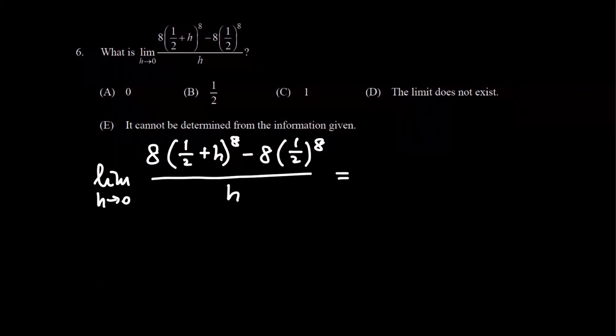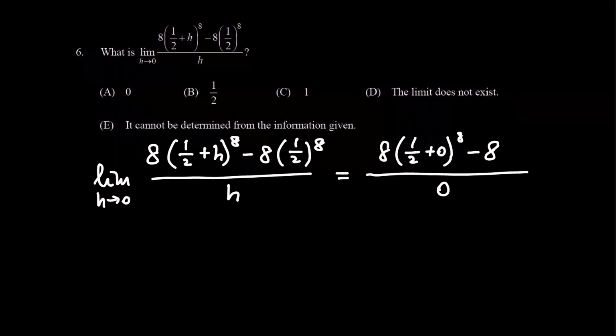Plugging in h equals 0 gives us in the denominator 0, and in the numerator 8 to the power 1 times (1/2 plus 0) to the power 8 minus 8 times (1/2) to the power 8, which is also 0. So this is 0 over 0 ratio.